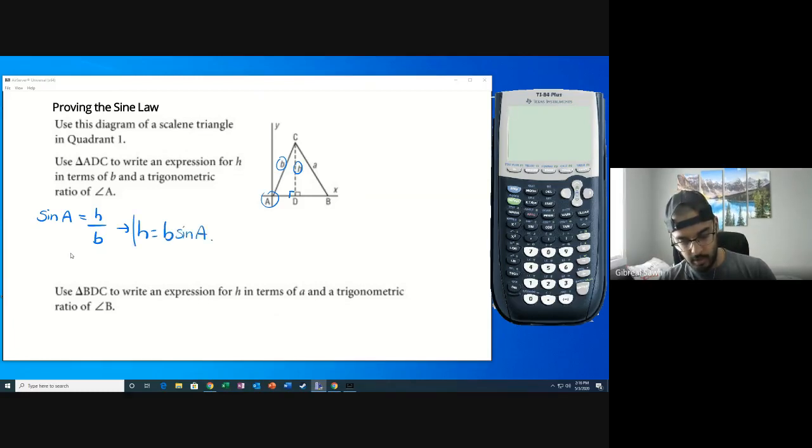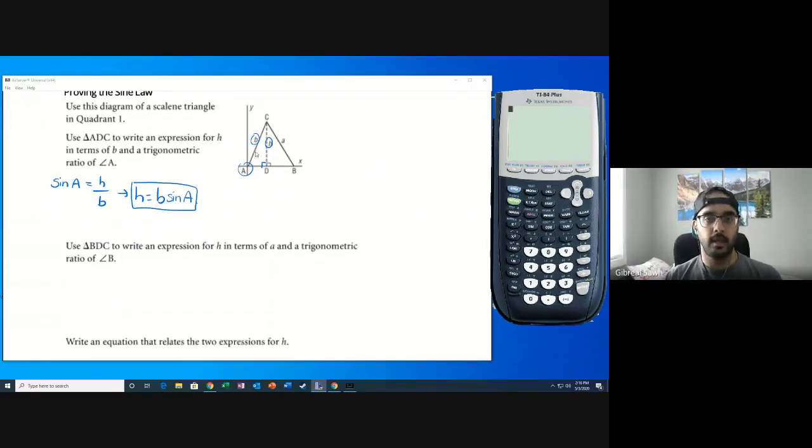Okay, so there's one part of this, so that's important. The other part, we have another right angle triangle on the other side of that altitude. So we're going to do the same thing on the other side of that triangle. We're going to try to write an expression for h in terms of the angle B and a this time. So same idea.